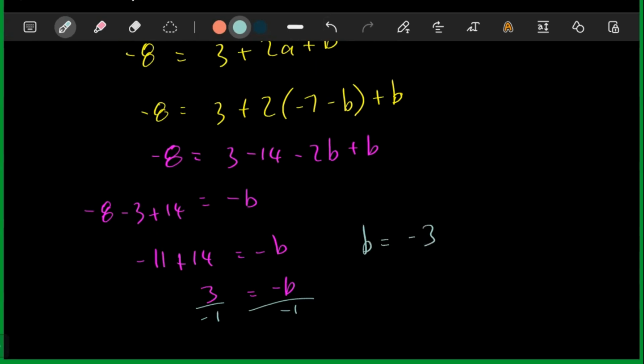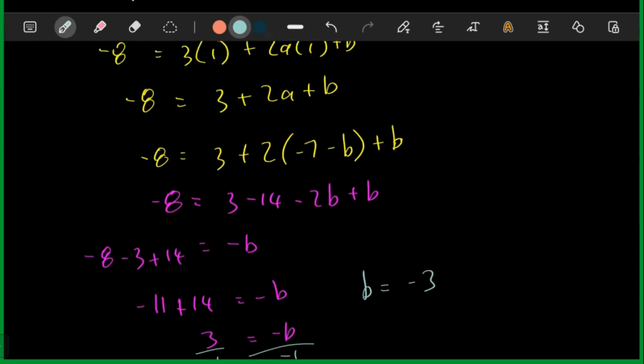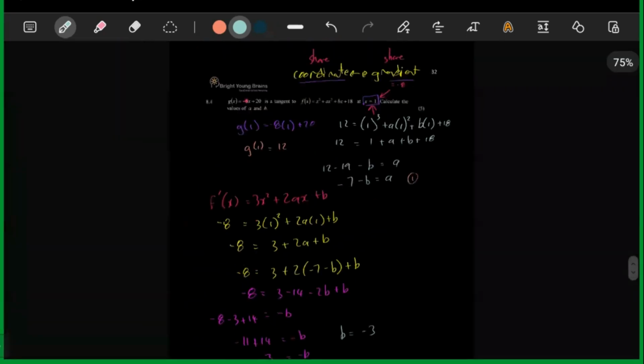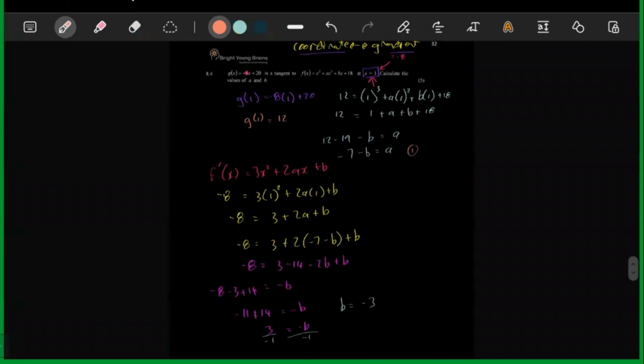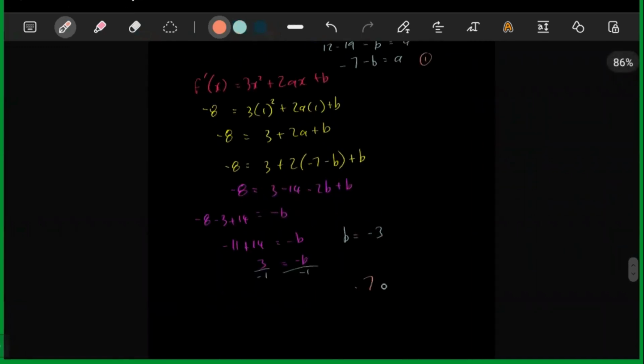Since your b value is negative 3, it's now easy to get the value of a. To get a, you just need to throw the value of b into that first equation that we got. And then we'll be fine. So let's just do that. Negative 7 minus b is equal to a. So we have negative 7 minus negative 3 is equal to a.